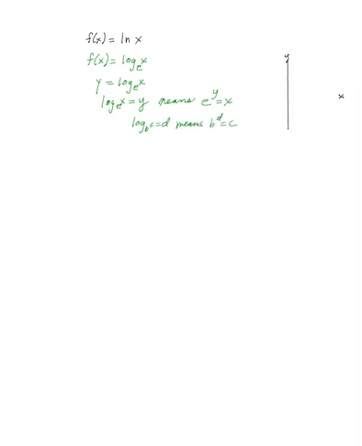Do you remember from previously the graph of y equals e to the x? That's an exponential growth function. The graph of y equals e to the x looks like this.